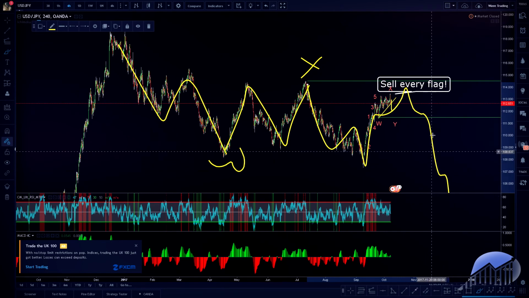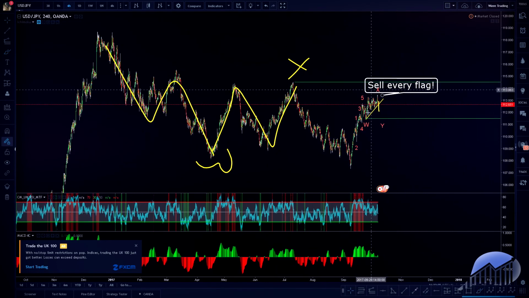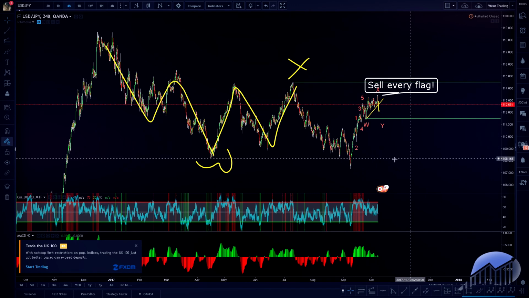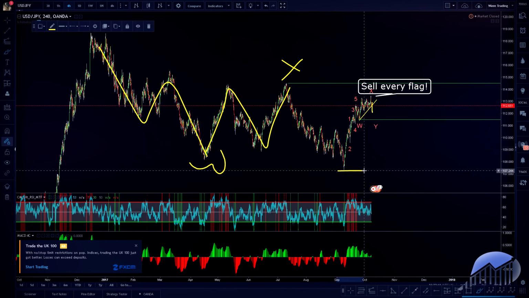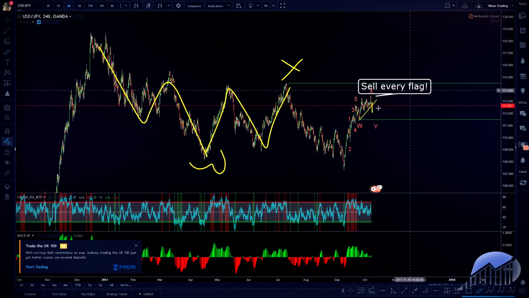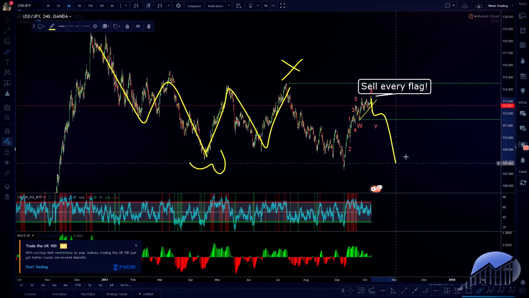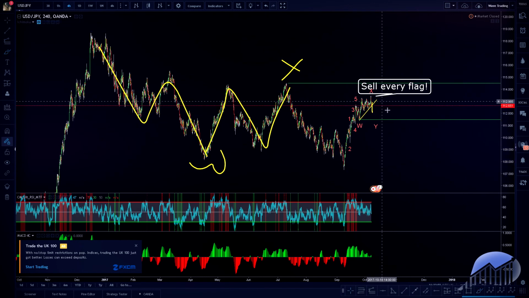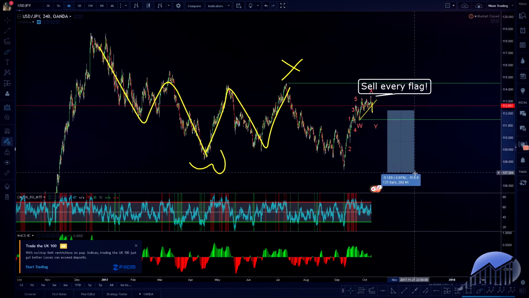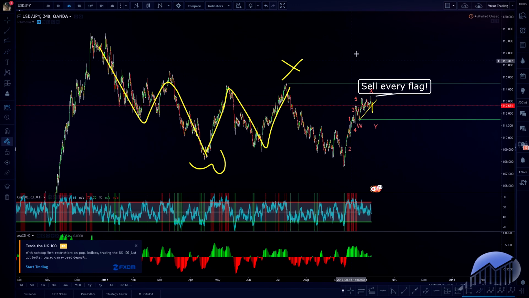So if this is actually the end of this wave up here, this could drop well below this level, which is why selling is a good idea, because if this makes something like a 1, 2, 3, 4, 5, you've locked in loads of profit, a few hundred pips, 500 pips at a minimum.